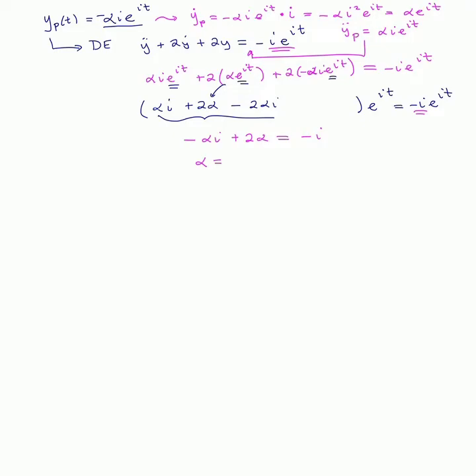We just have one parameter alpha to solve for since we've turned it into exponentials. Let's do this one step at a time. Factor out the alpha, you'll get alpha times minus i plus 2 is equal to minus i, so alpha is equal to negative i divided by negative i plus 2.